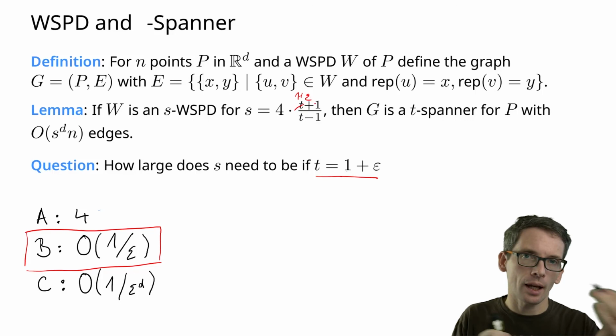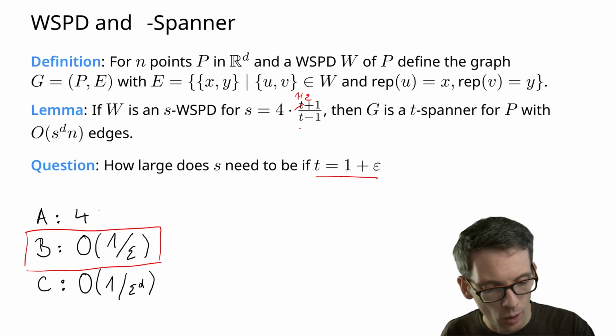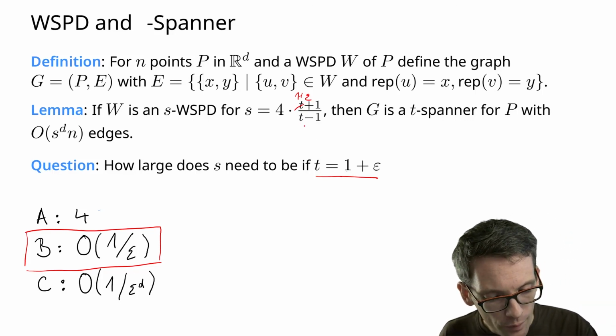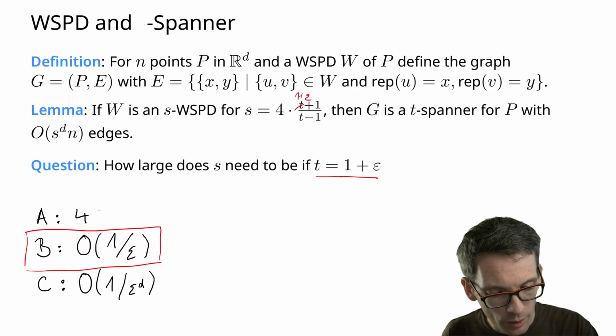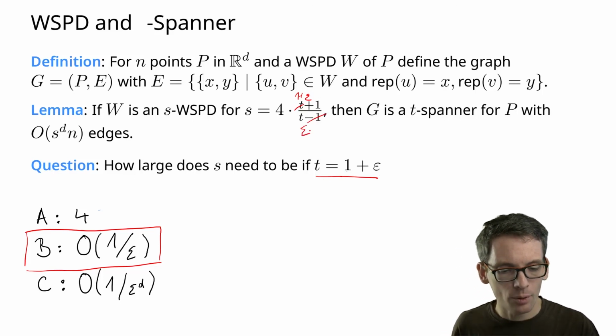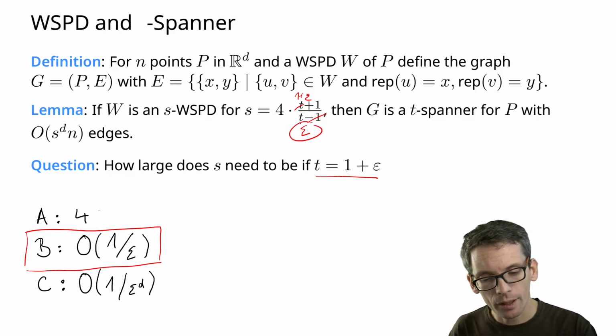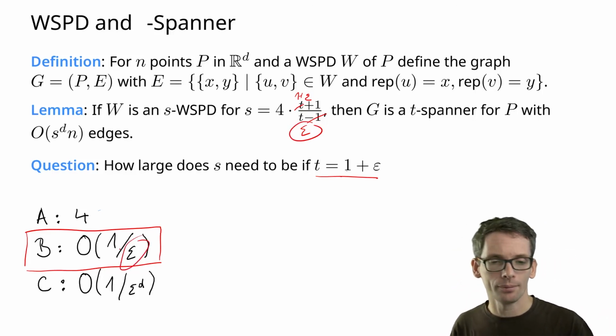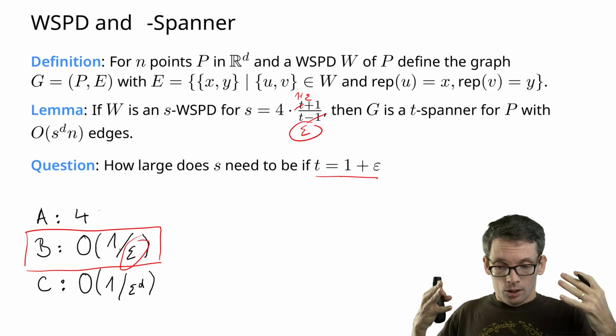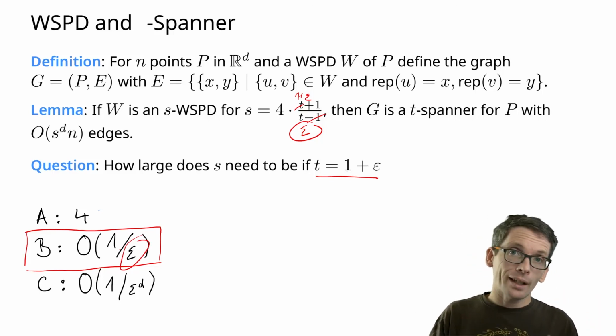This is 2 plus epsilon, which for small epsilon is essentially 2. But here, with t equal to 1 plus epsilon, this cancels and I just have epsilon. So I have the epsilon down there, so that will show up here. So the s will be of order 1 divided by epsilon.